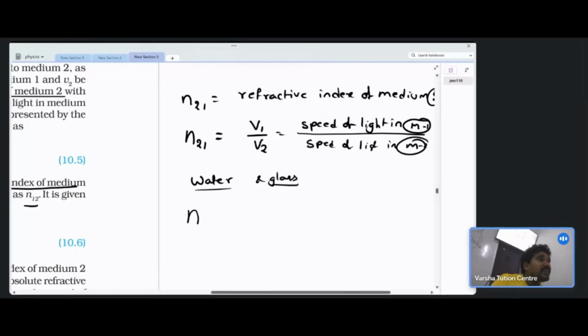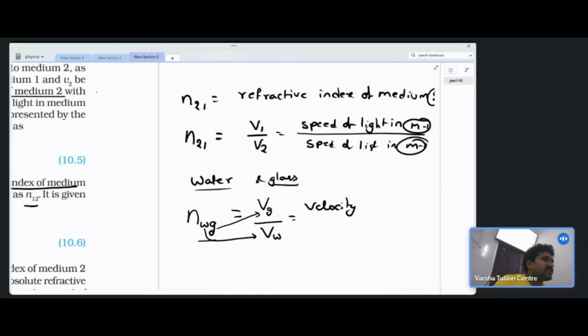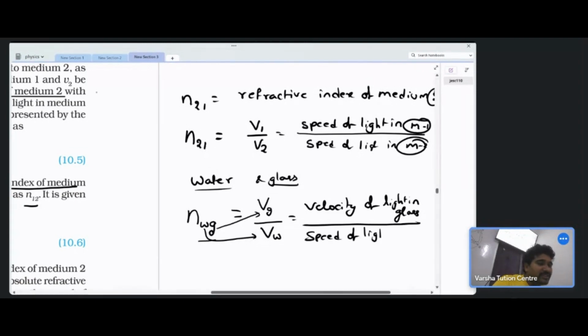How will you indicate? n water with respect to glass is equal to the speed of light in glass divided by the speed of light in water. So for wg, g will be on top, w at the bottom. Speed, only, just don't write velocity. Is that clear?